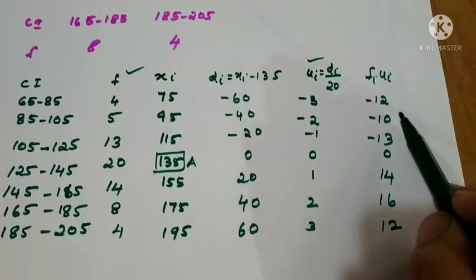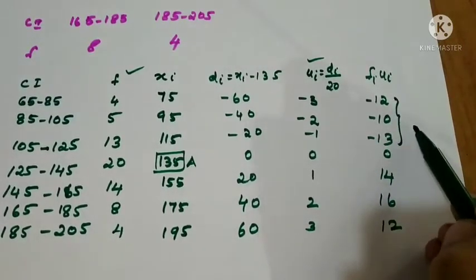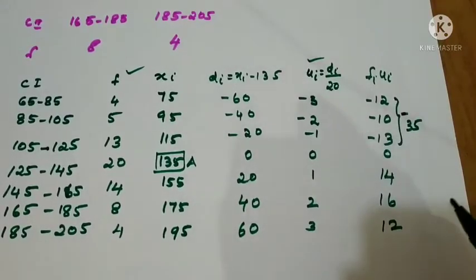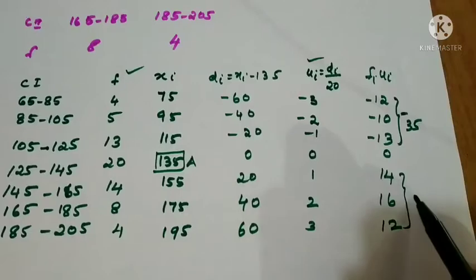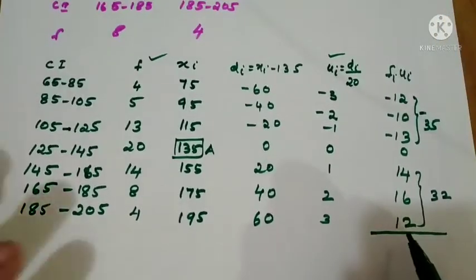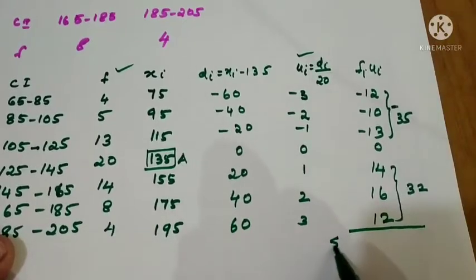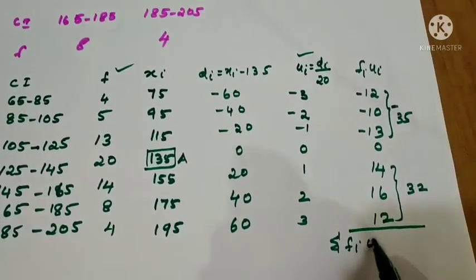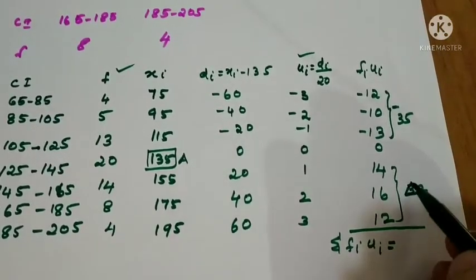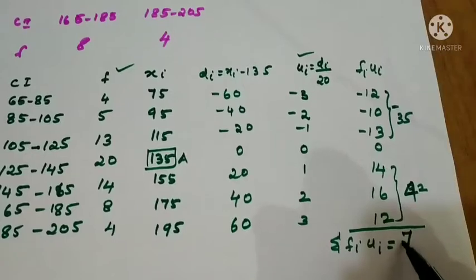So when we add this, it is 35 with the minus sign. Here it is 32. So what is sigma fi ui? So it is 42 only, and sigma fi ui equal to 7.